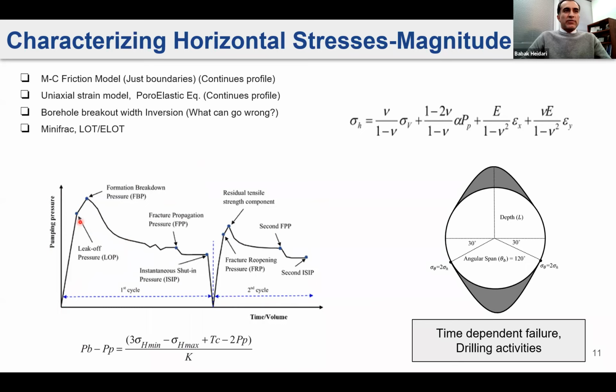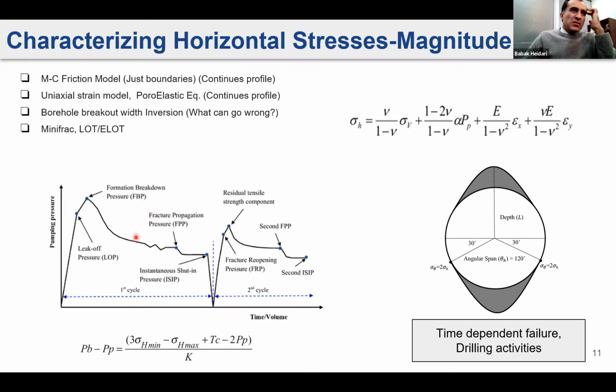So I like to frac the formation, let it close and reopen it at least in 2 cycles. And this is what I personally call the extended leak-off test. And I believe that's going to provide the best information. The information that we are interested in is fracture closure pressure and fracture propagation pressure, and this is what we are saying corresponds to the minimum horizontal stress magnitude.